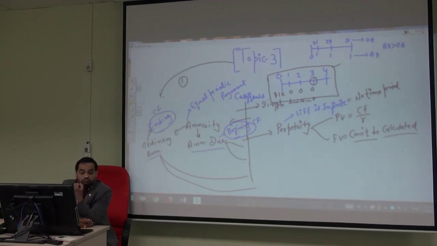The future could be next month, next year, 2 years, 3 years, 5 years onwards. But in a perpetuity there is no time period, and if there is no time period, we cannot estimate the future value. So in a perpetuity we have only the formula for present value, which is cash flows divided by rate. So that's all about your third cash flow, the perpetuity.